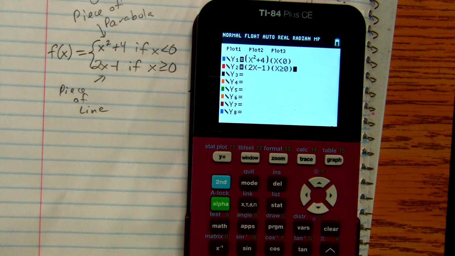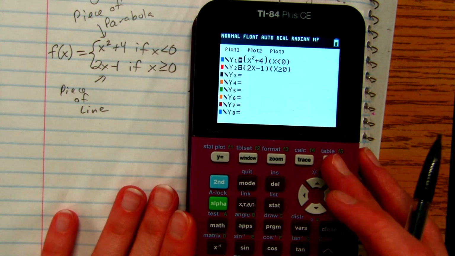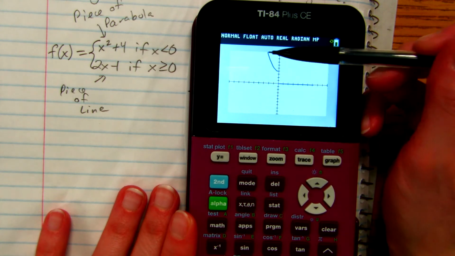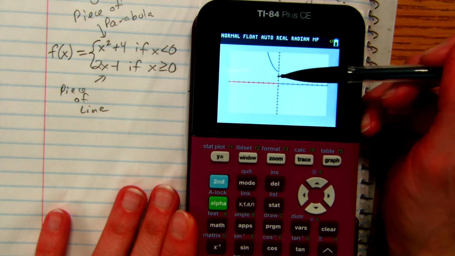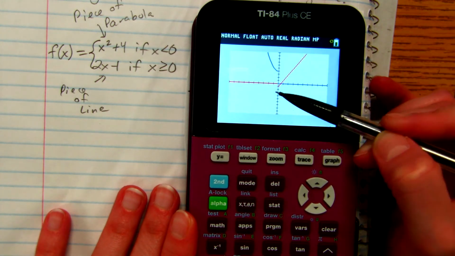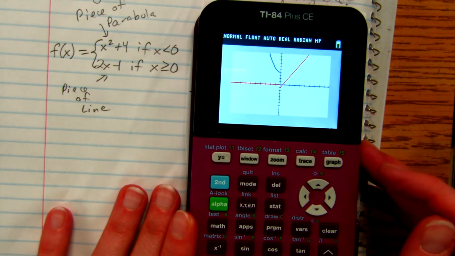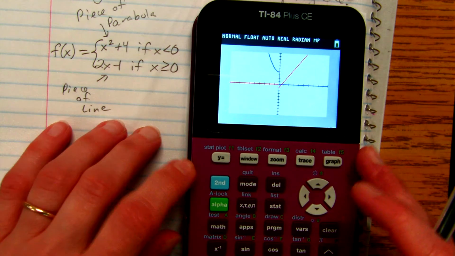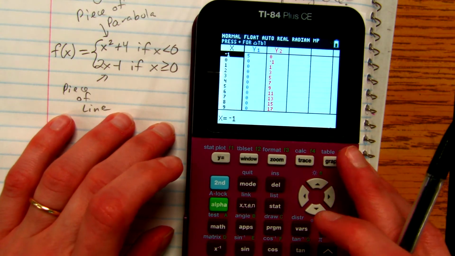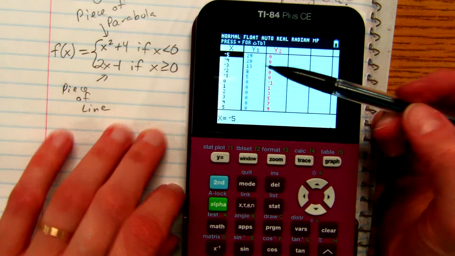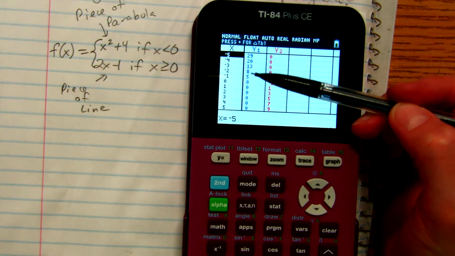All right, so then if you hit your graph key, if you've still got a good window going on, you're going to get half of a parabola up to the y-axis, and then you're going to have a line starting down here and going up. Let's use the table to get some of our points. So if I go second, table, I'm going to go back to the left of the y-axis and get a few points.